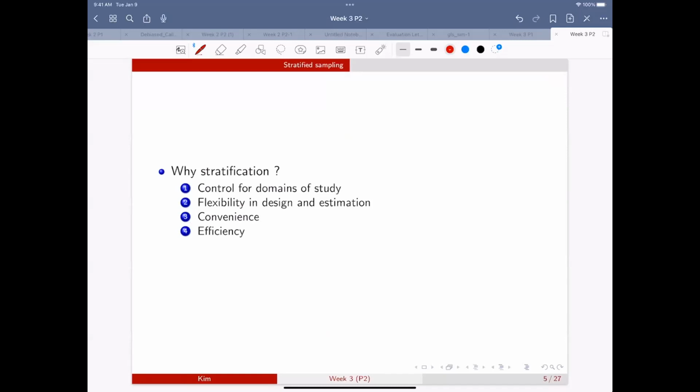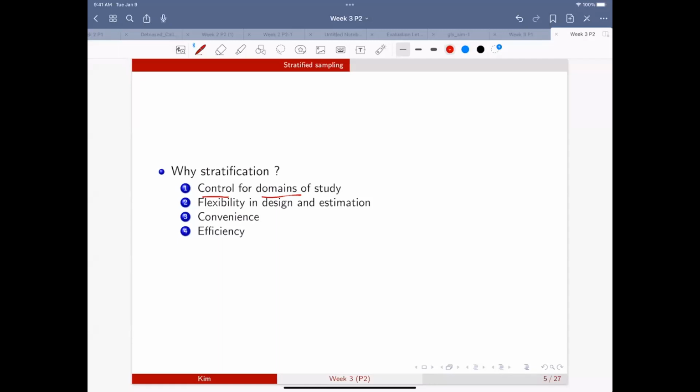So controlling the domain of study means that it's not only the national level, but you could also be interested in the state level. Then you may want to allocate a certain amount of sample size to control that. Control means you want to make sure, for example, that there are at least 50 samples within each state.